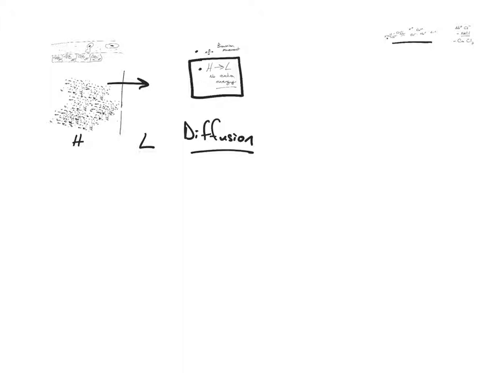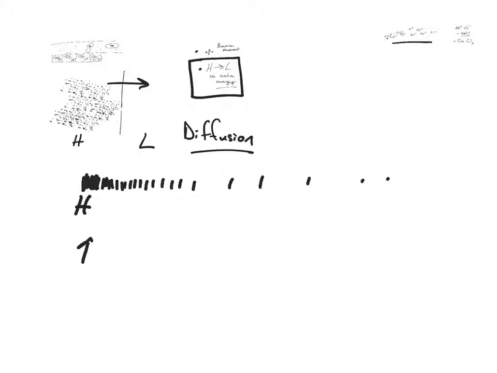So it's going to move from high to low, but it's not going to be consistent, right? Over time, what you'll get is high, and then there'll be a lot, and then there'll be less, and then less concentrated, and then less concentrated, and then less concentrated, until you get to low, right?